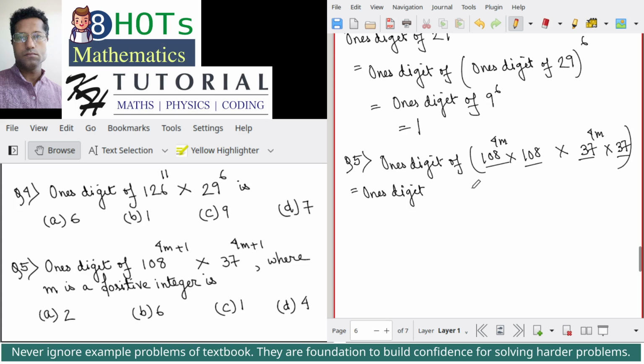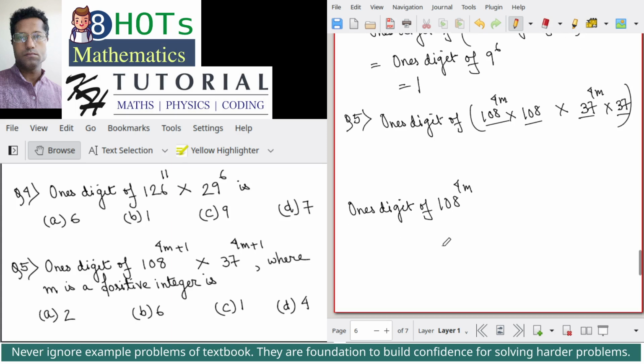Now let's find the ones digit of 108 to the power 4m.